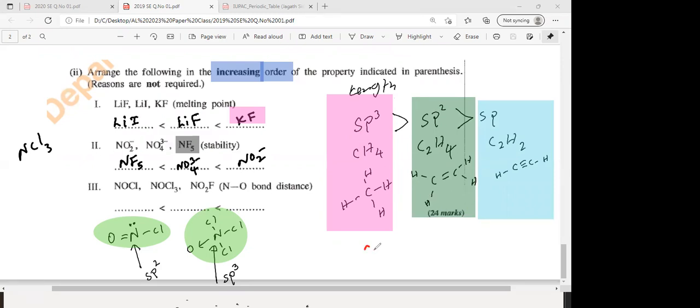Therefore, here the CH bond length is greater than in this one, and it's greater than in this one. So this is the bond length or bond distance, CH.